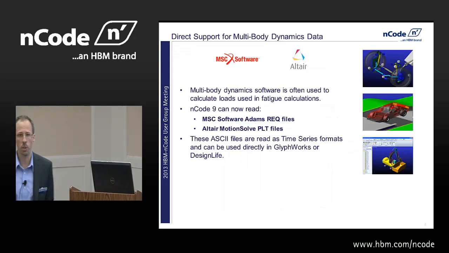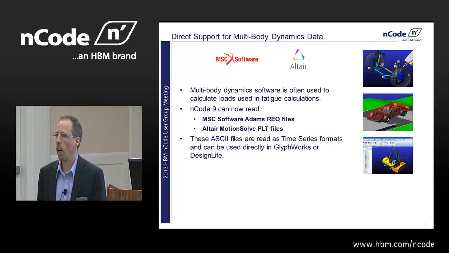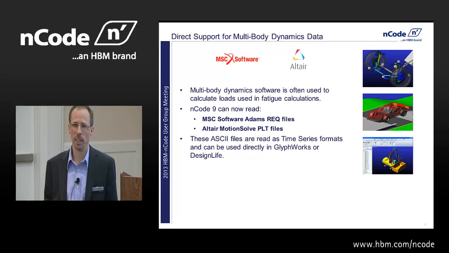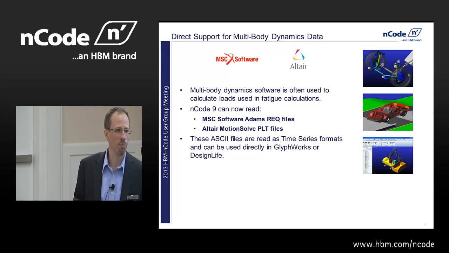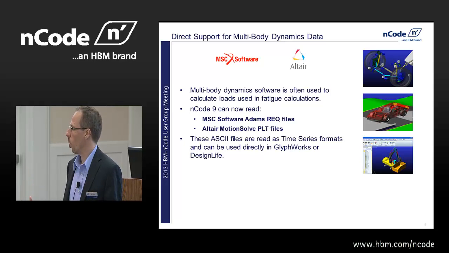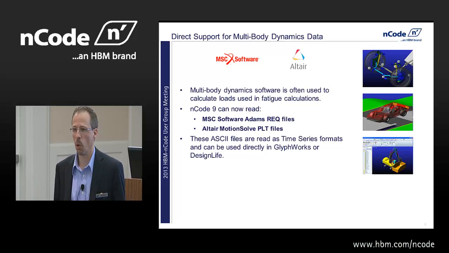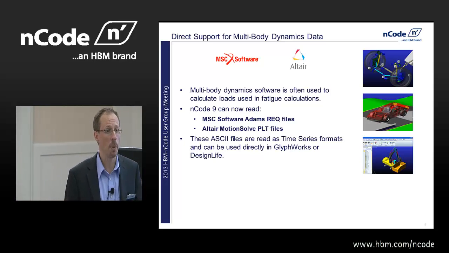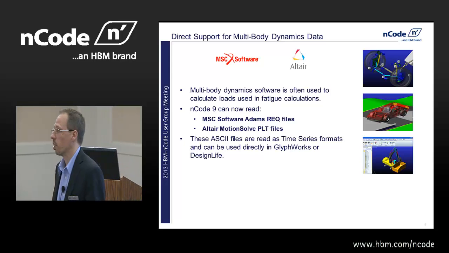So jumping forward again to version 9, one of the things we've added in version 9, and this is a constant need that I have to constantly look at, is file format support. Although we're all part of HBM, and our software supports, as well as we can, HBM hardware and data acquisition, we also accept and are quite happy to help you read files from other sources.